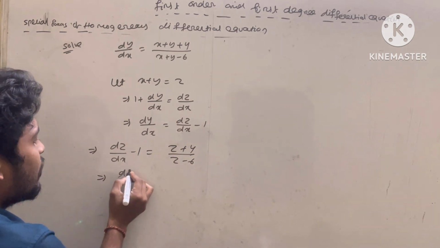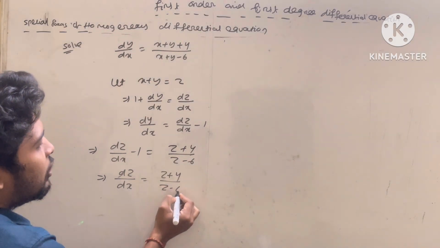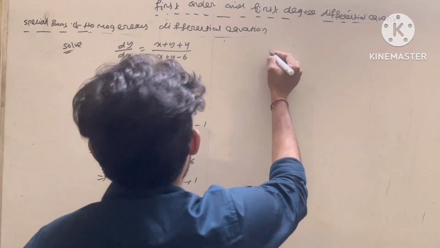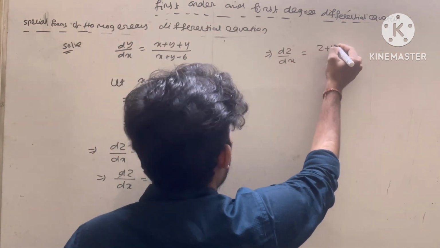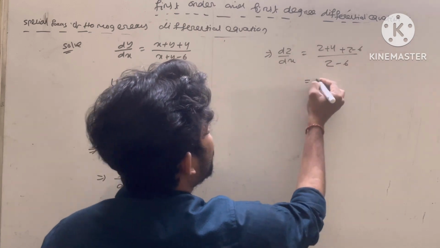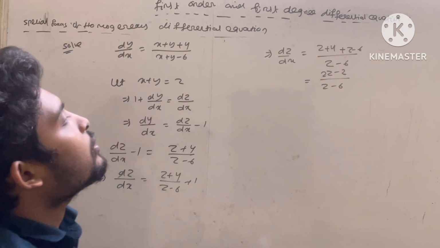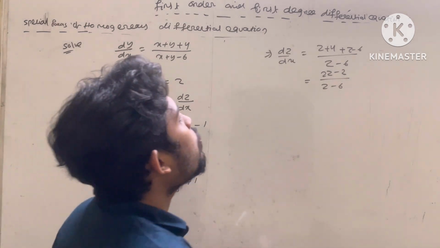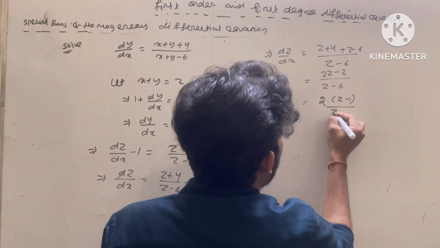So dz by dx is (z plus 4) by (z minus 6) plus 1, which is (z plus 4 plus z minus 6) divided by (z minus 6). This is (2z minus 2) by (z minus 6). Now we take 2 common, that is 2 times (z minus 1) by (z minus 6).